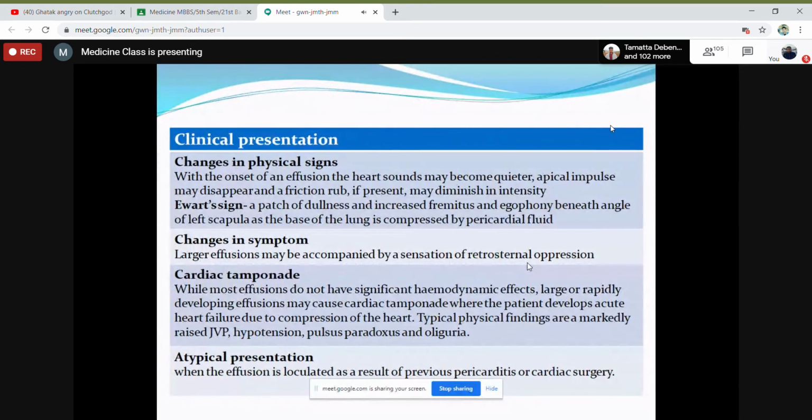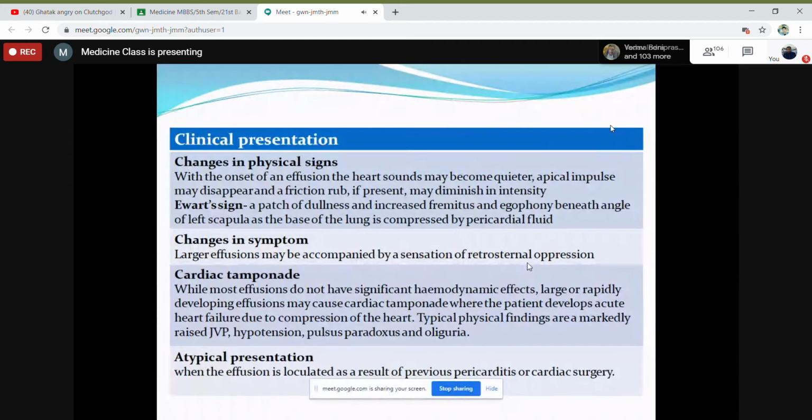But even if the patient does not have consolidation, if a patient has pericardial effusion, because the pericardial fluid compresses the base of the lung, there will be development of these signs over the angle of the left scapula. This is called Ewart sign.